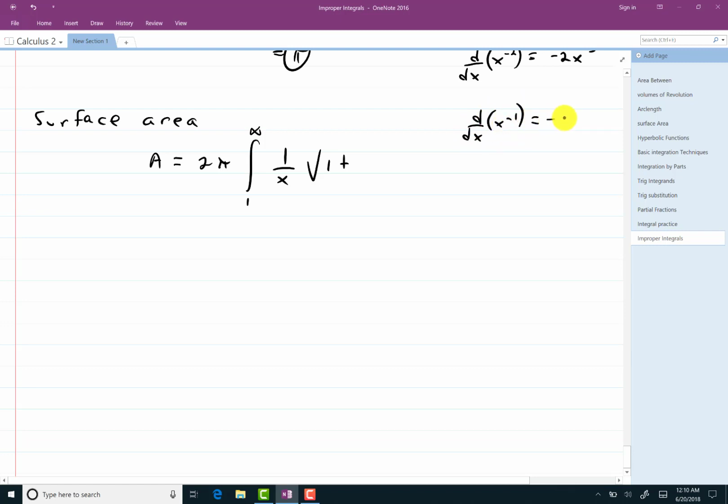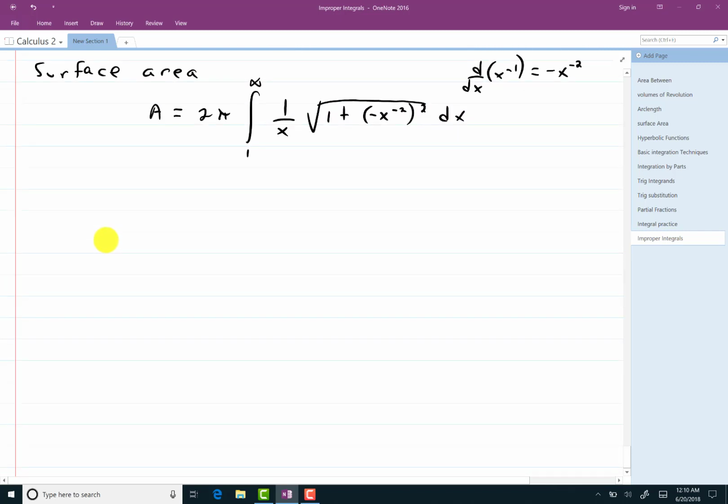It will be negative x to the negative 2. And you'll square that piece, dx. And that'll equal 2 pi, integral from 1 to infinity, 1 over x times the square root of 1 plus x to the negative 4.